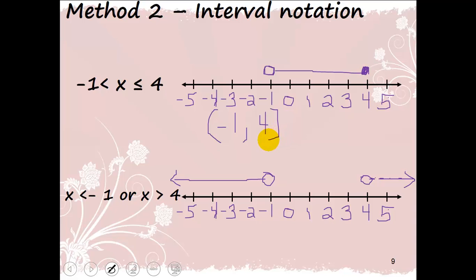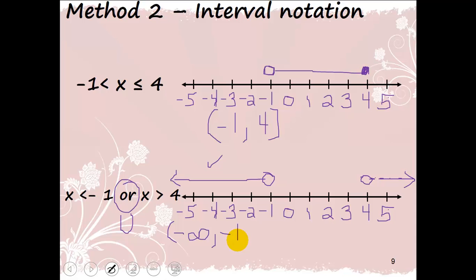The last example is x is less than negative 1 or x is greater than 4. And "or," in interval notation, is going to use a U for a union. So look at this piece first here. What's the smallest value? Well, it's going to infinity in the negative direction, so we have to use a parenthesis. Its highest value is negative 1. It doesn't include it because that's an open dot.